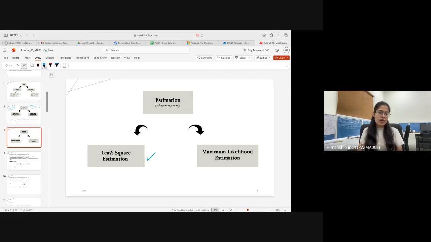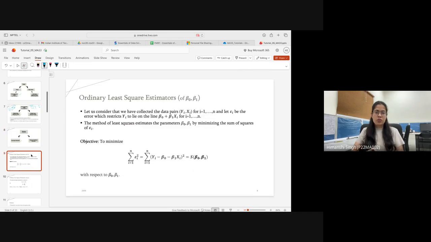Fine. So we move forward. Now we will consider how to estimate this beta naught and beta 1. For example, previously I have collected data pairs yi and xi for i equals 1 to n, so let it be y1 x1, y2 x2, and so on. For each y, we may be making some error.